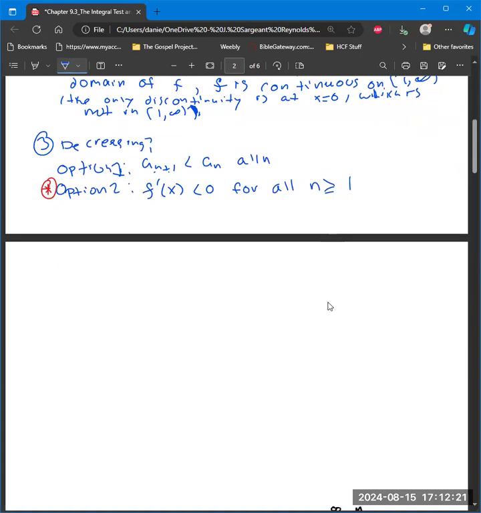So let's find the first derivative here. f prime of x is equal to negative 1 over x squared. I look at my first derivative. We've got my vertical asymptote at x equals 0.